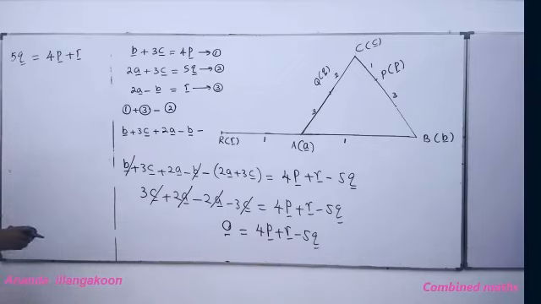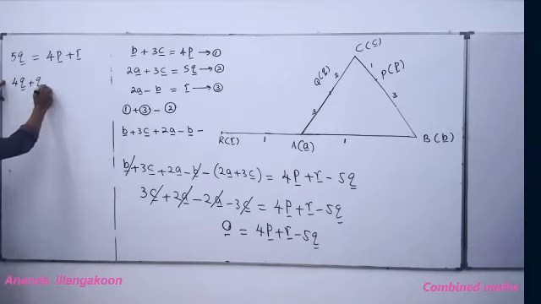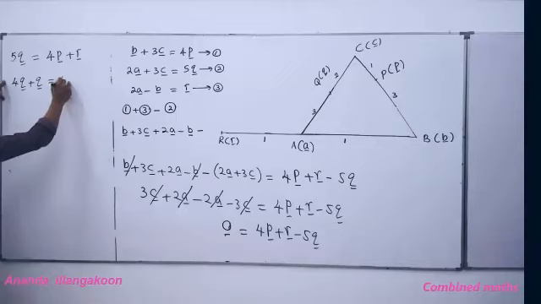Right. Now, people, I do another little rearrangement in this. What I do is this. This 5q I am going to write, people, 4q vector plus q vector is equal to 4p vector plus r vector.